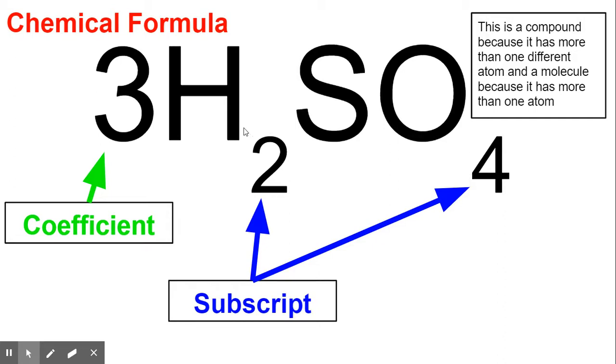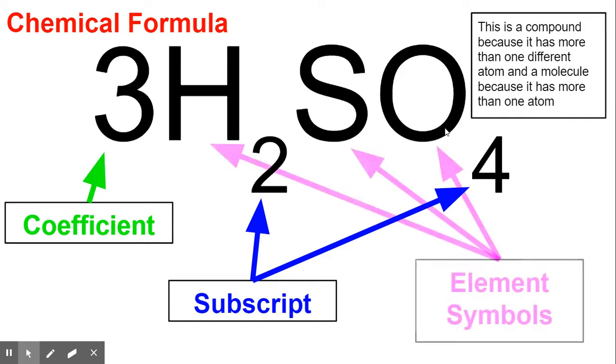So this 2 only applies to the hydrogen. Sulfur right here does not have a subscript, so that means there's only one sulfur atom. And the 4 here next to the O only applies to the oxygens. So there's 2 atoms of hydrogen, 1 atom of sulfur, and 4 atoms of oxygen.